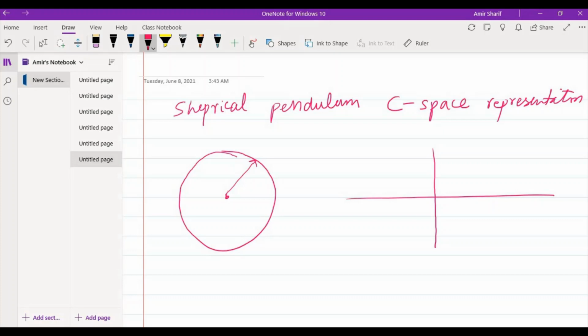If we use explicit parameterization, then we have a longitude and a latitude, and the latitude has values from minus 90 degrees to plus 90 degrees, and here we have minus 180 degrees to positive 180 degrees.